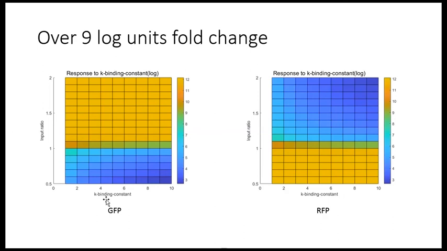The GFP concentration will be like 10 to the 3rd, while the RFP concentration will be 10 to the 12th. So our system will have over 9 log units of change in total. In reality, this situation is very possible, which means that in most cases, we may have over 9 log units of change for only a 1/2 ratio.